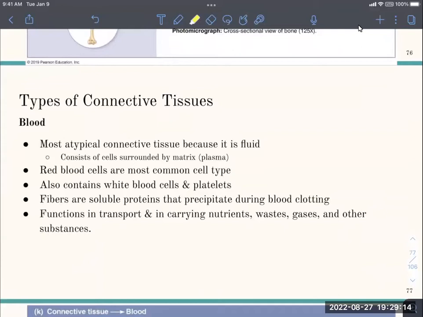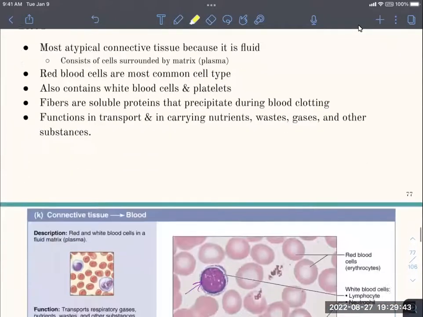We also have soluble proteins that are like fibers that help with blood clotting. And they function in the transport and carrying of nutrients, wastes, gases, and other substances around the body. Blood carries wastes to be filtered out by the kidneys. It transports oxygen and carbon dioxide. It helps transport other substances to other parts of the body.